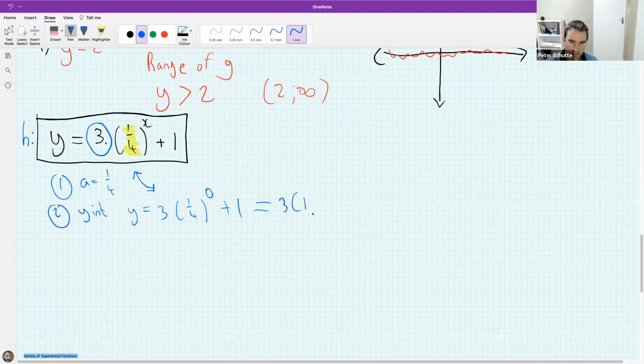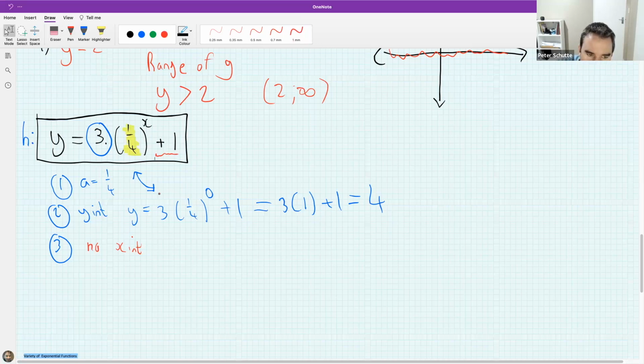Now, anything to the power of 0 is 1. So my y-intercept should be that. Now, I'm not going to do the working out here because I think you know where this is going, but there's no x-intercept. And the reason is that this whole graph is shifted up by 1. You can kind of see the pattern here that it's never going to cross the x-axis.